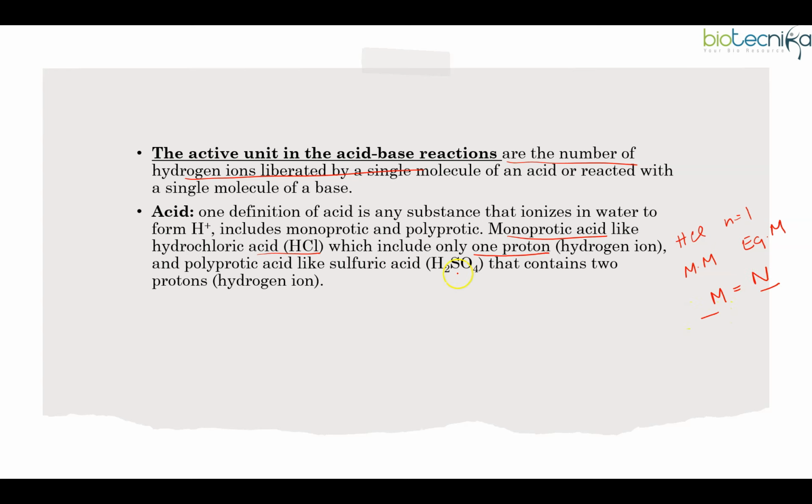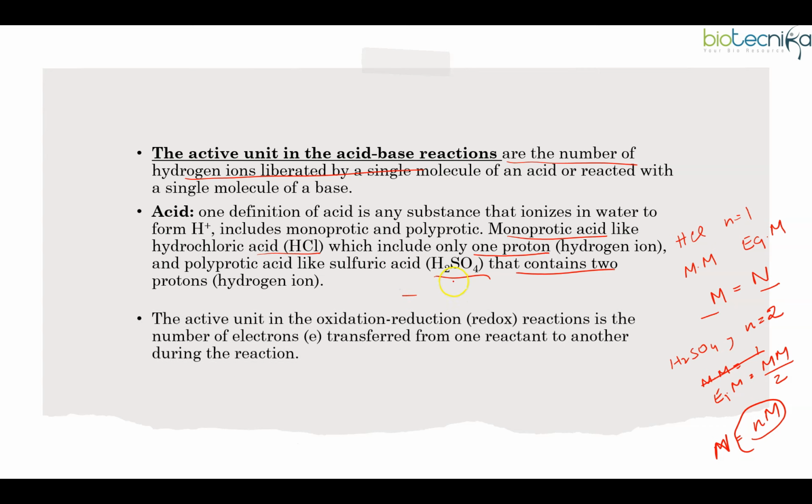Okay. But if you use H2SO4, for this you have 2 protons to give away. So here the active unit will be 2, which means the equivalent mass will be molecular mass divided by 2, and the normality will be equal to 2 times the molarity. Okay, so this contains 2 protons.